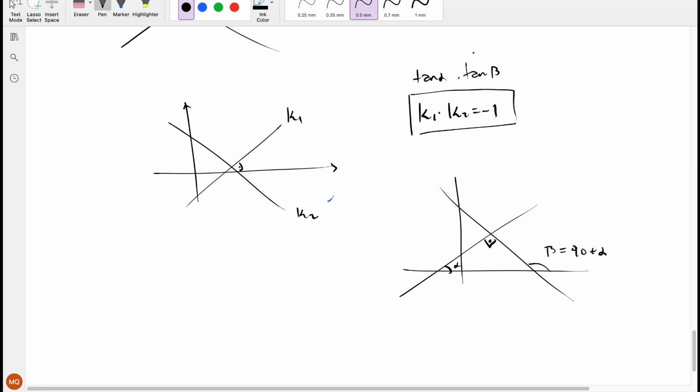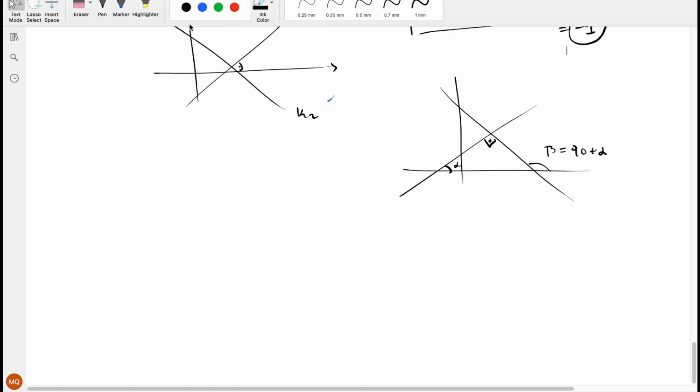So it is actually tangent of 90 plus alpha. And from the conversion formula in trigonometry, it is equal to negative cotangent alpha. Tangent alpha multiplied by cotangent alpha is equal to 1, and so the product is equal to negative 1. But you don't need the proof, I just do it for your interest.